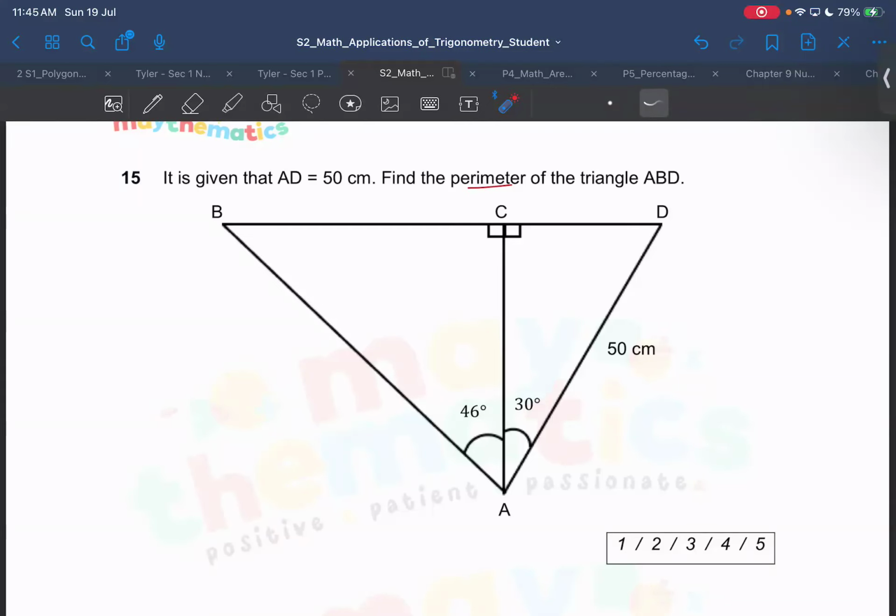What's the first step? I need to eventually find the length of this and the length of this. Which means I need to find this and this. Correct? So how? What do you want to find first?